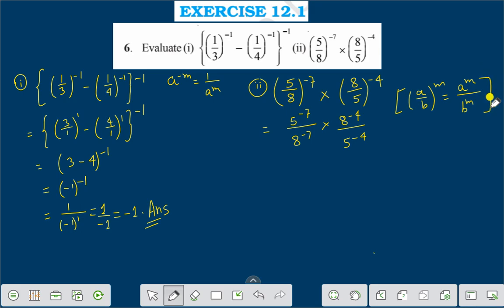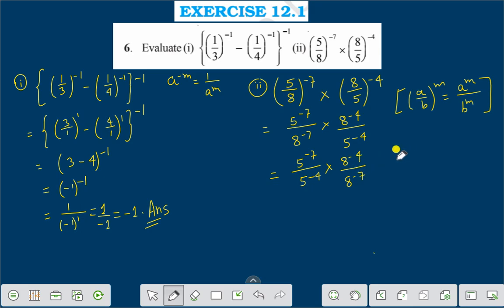We applied this formula here, right? Now we'll find that 5 to the power minus 7 divided by 5 to the power minus 4 into 8 to the power minus 4 divided by 8 to the power minus 7.